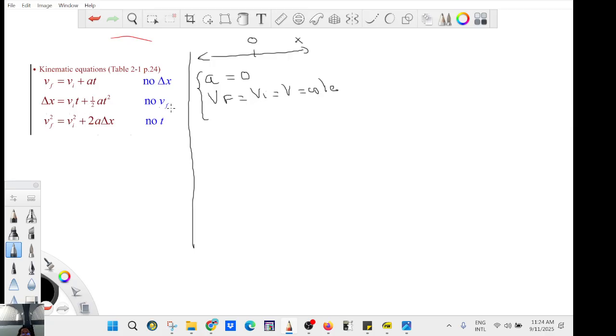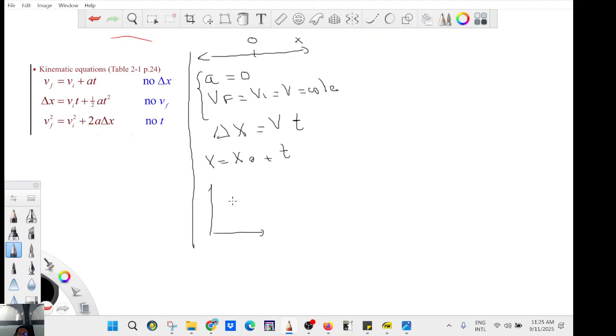That equation will be: the displacement is your velocity, which stays the same, times time. Do you agree? It's a linear equation. Or you can say that the position on the number line equals the initial position plus Vt. So that's cruising on the number line.